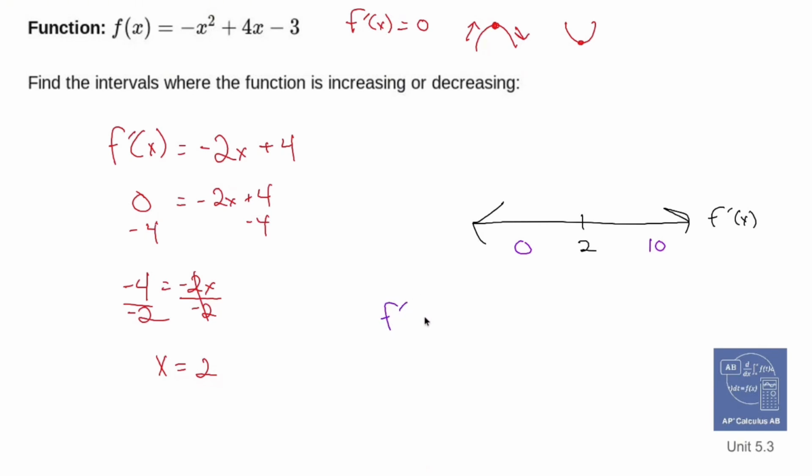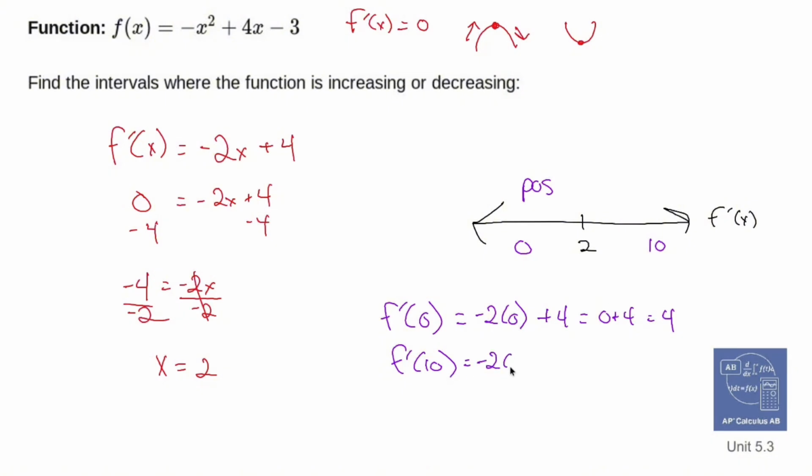So f prime of 0 is going to be negative 2 times 0 plus 4. 0 plus 4 is 4, which is a positive number. Now let's do the same thing with 10.